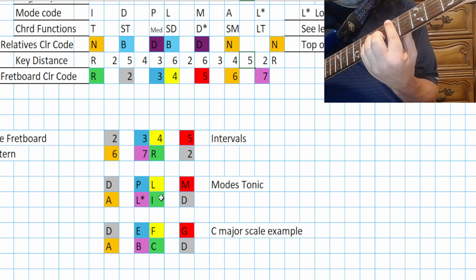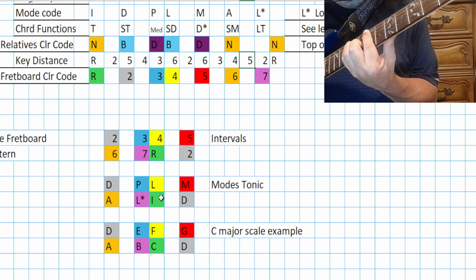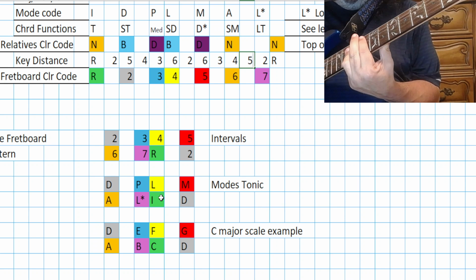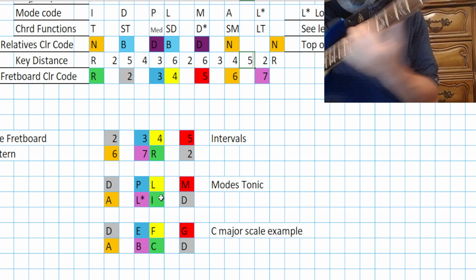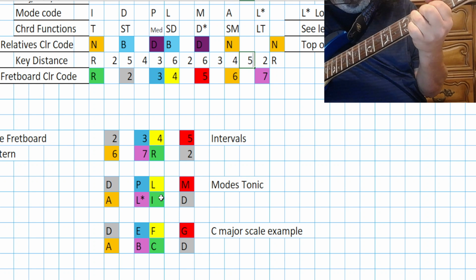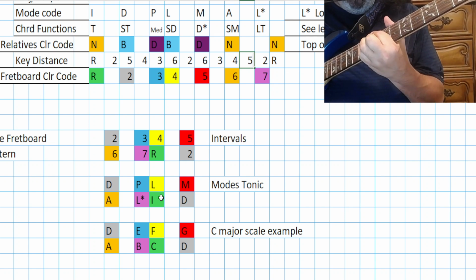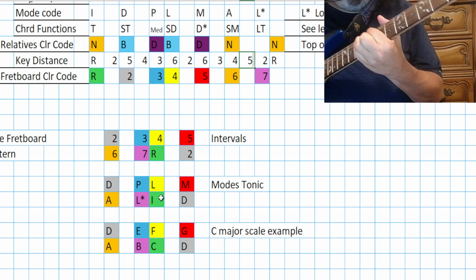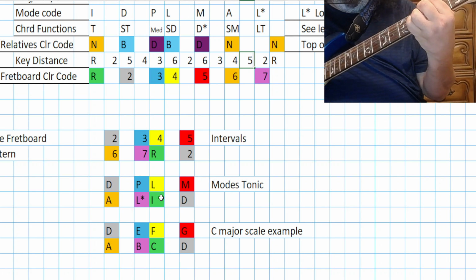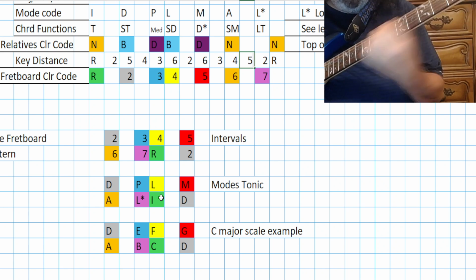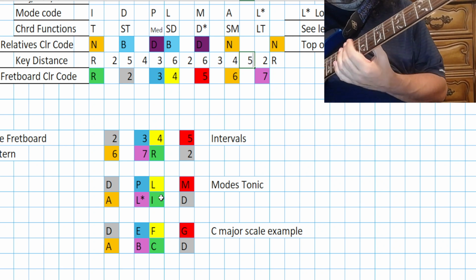If I want the Dorian scale, or Phrygian, Lydian, Mixolydian. One, C. Two, Dorian.